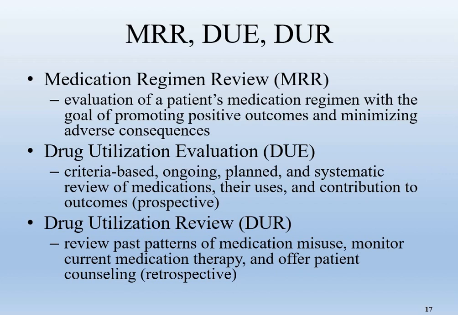That's MRR. DUE, or drug utilization evaluation, is criteria-based, ongoing, planned, and systematic review of medications, their use, and contribution to outcomes. It's prospective. So it's like you start seeing a patient, and you do this into the future.